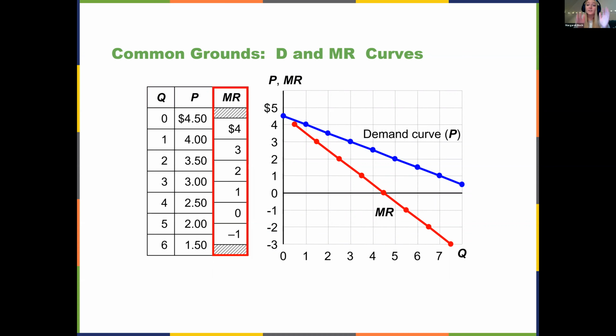But for a monopoly, they are two different curves. This is really important to grasp when we move forward in the next video, determining what quantity and what price the monopoly should set to maximize their profits. So again, the marginal revenue curve lies below the demand curve. In most cases, you don't really need to know this, but it is half the slope of the demand curve.